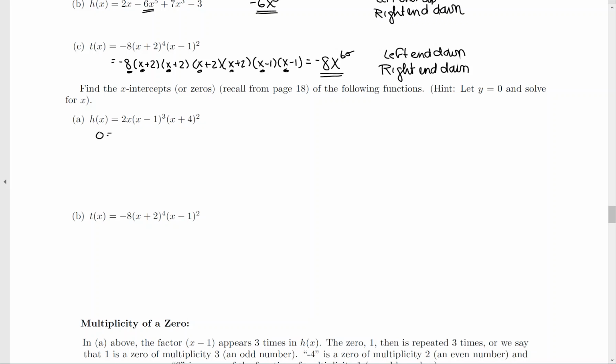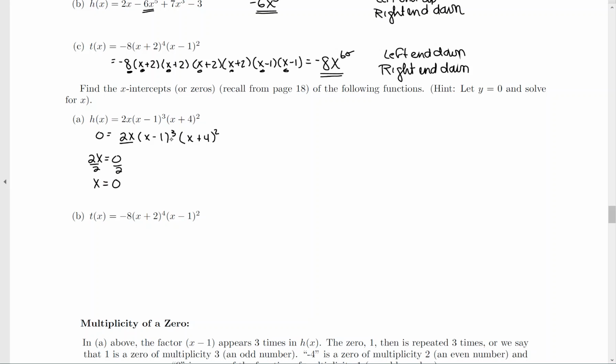I'm going to set the function equal to 0, then set each factor equal to 0, solve for x. So 2x, I'm going to set equal to 0. Divide by 2 to both sides. X equals 0 is 1 x-intercept.